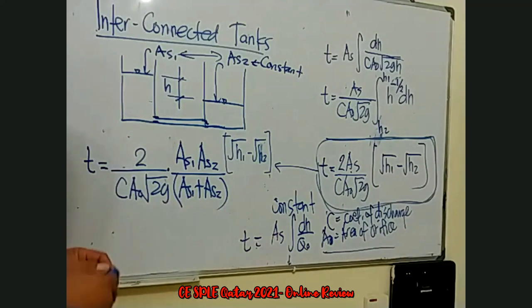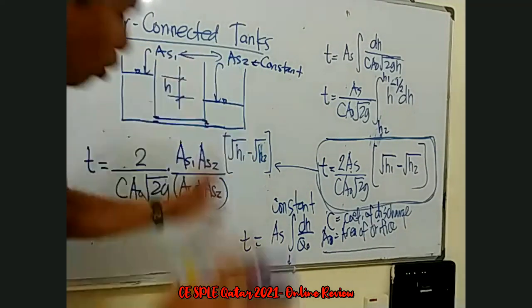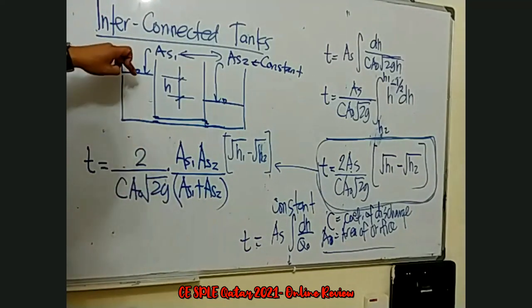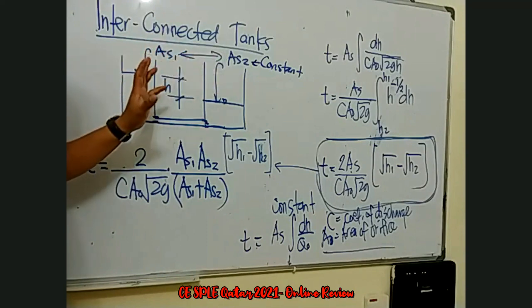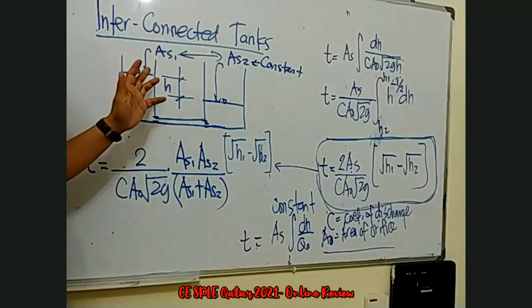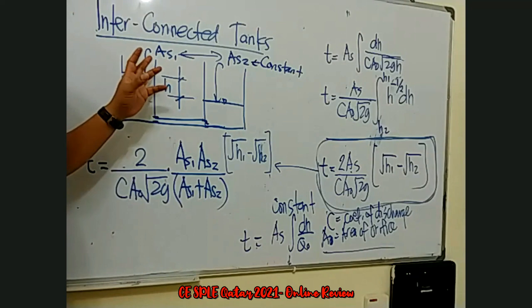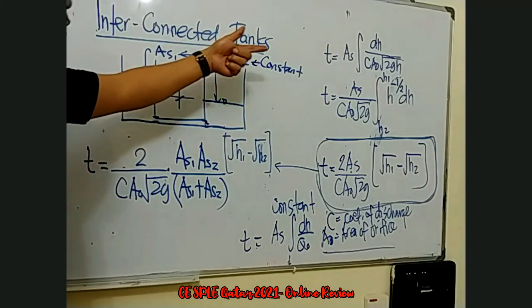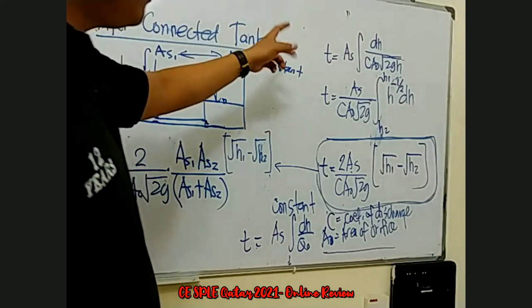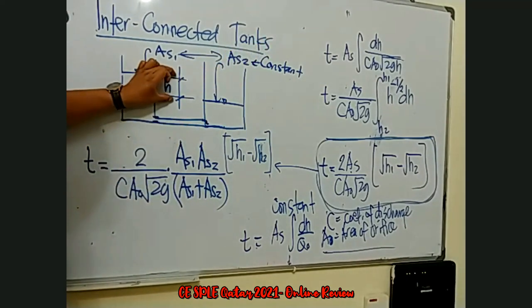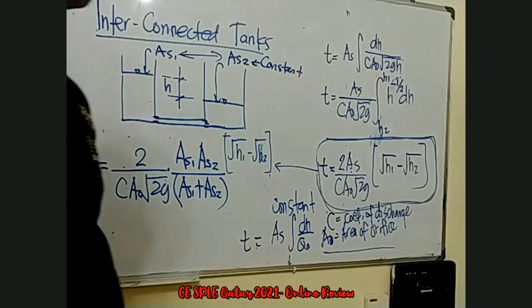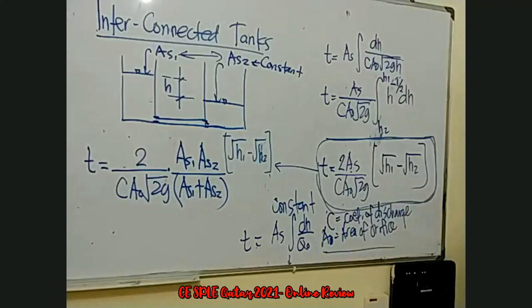Ngayon, kung hindi constant, kukuha ka ng differential discharge. Babalikan mo yung kanina. Yung time equals d volume over Q, where Q is a function of height H1, and then surface area, a function of yung H. Para makuha mo yung time.